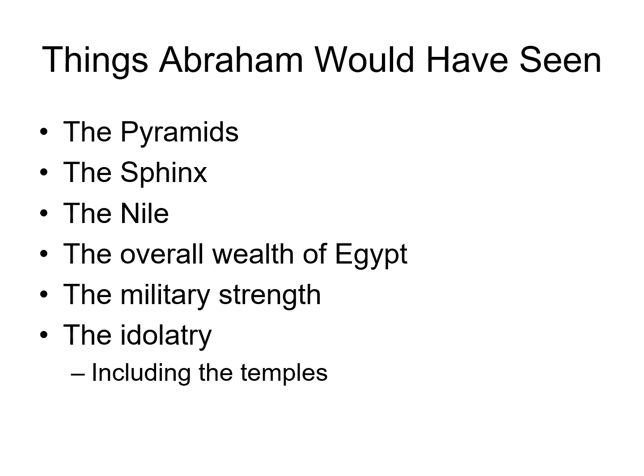He would have seen the Nile and how fertile the land was around it. He would have seen that the nation of Egypt was an incredibly wealthy nation, he would have seen their military strength, and he would have seen their idolatry, and this would have included all the temples that they had. So these were all things that would have been present during his time in Egypt.